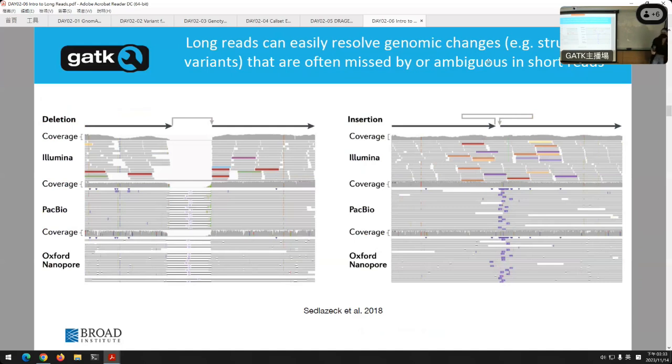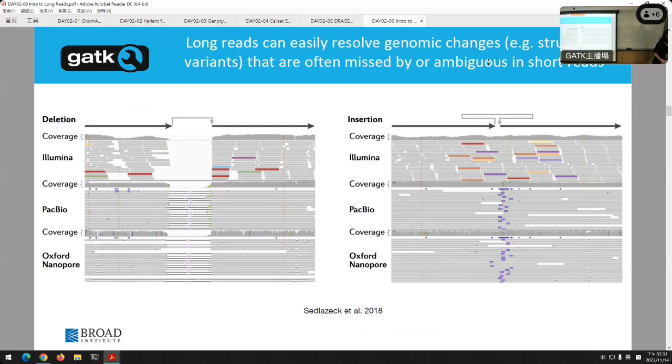In the case of the insertion on the right, we can see that maybe there's something going on. There are all these different colors of reads that probably indicate changes in the insert size and orientation of the paired reads.